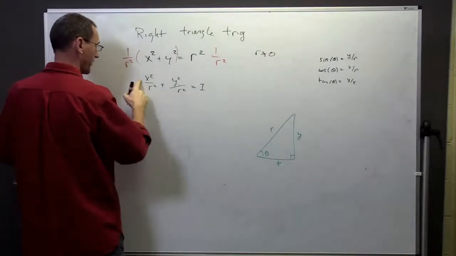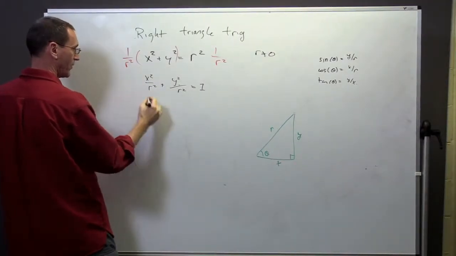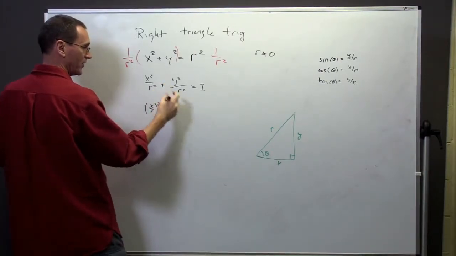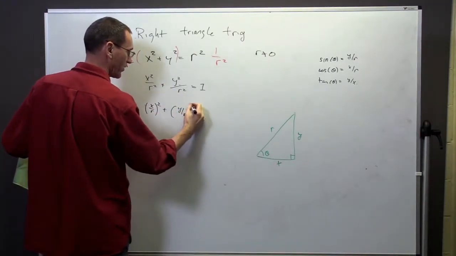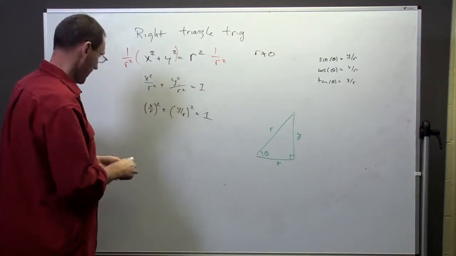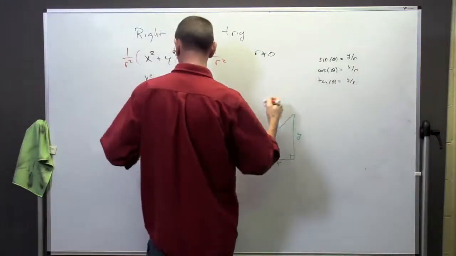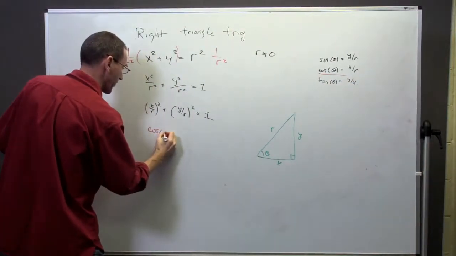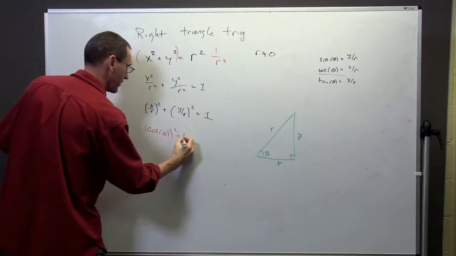Let me rewrite this. I can think of this as, instead of x squared over r squared, I can think of this as x over r squared. I'm going to do the same thing here. This is y over r quantity squared is equal to 1. And now notice x over r is cosine. So this is the cosine of theta squared.